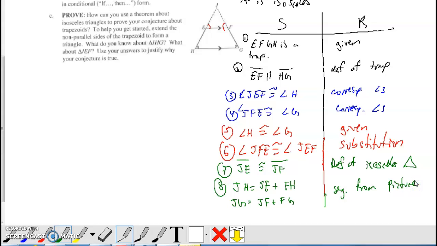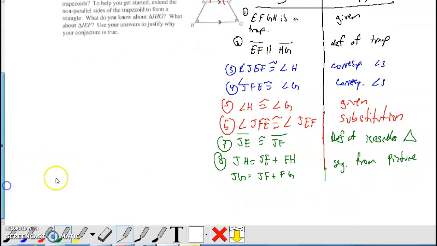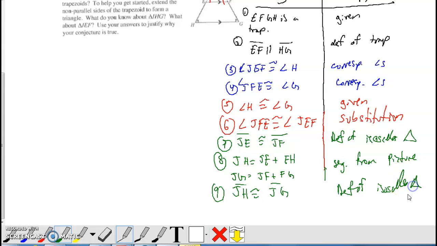Sometimes it's not an actual definition. What do I know? I know that JH and JG make up a larger triangle. So I'm going to say that JH is congruent to JG, and it's the same reason up here, definition of isosceles triangle.